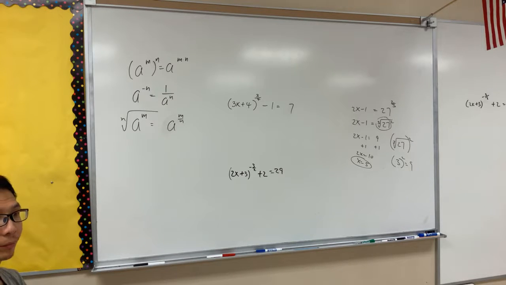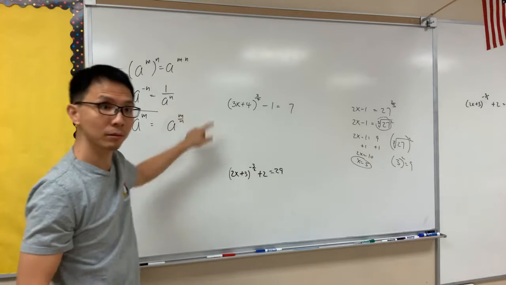Negative 13 over 9. That's what you get? Very good job. -13/9. Is that right? Yeah, that's right. You better ask her for help. IB is the actual. It's hard.